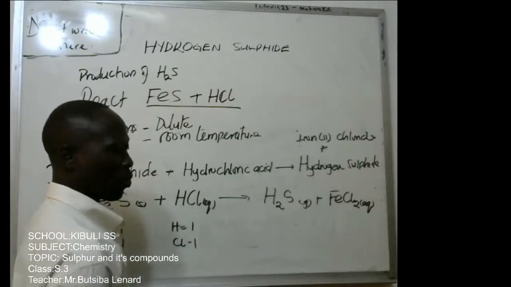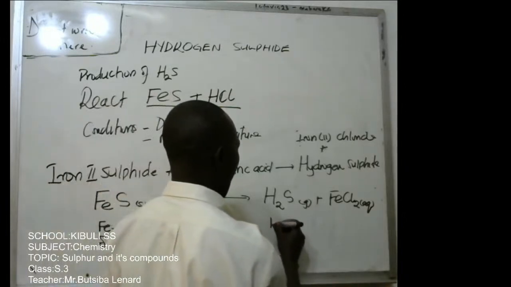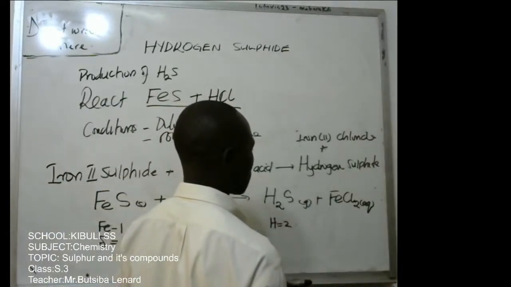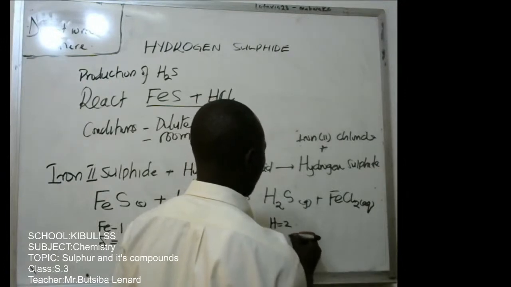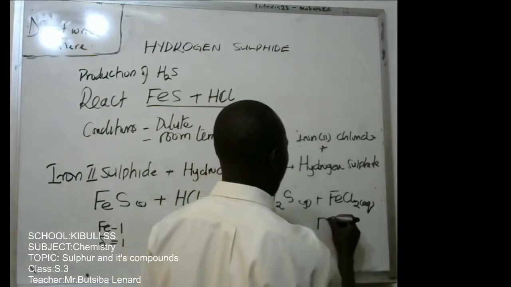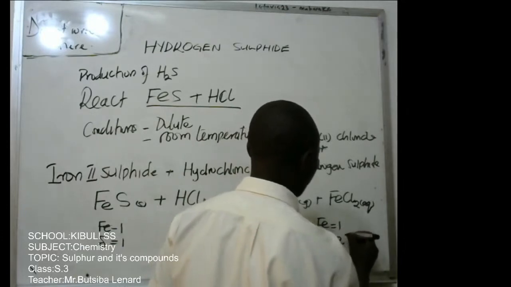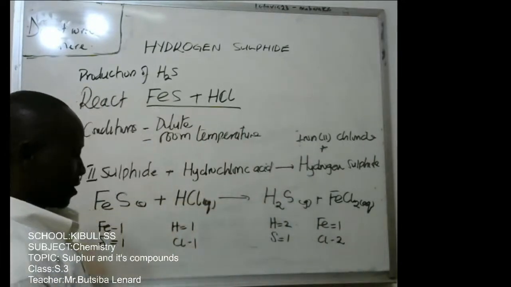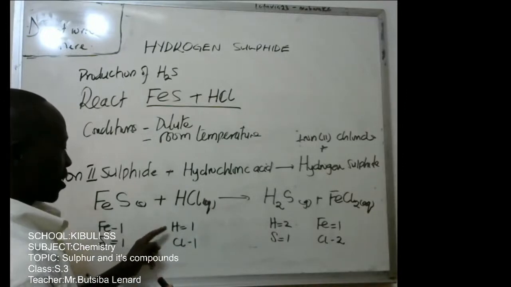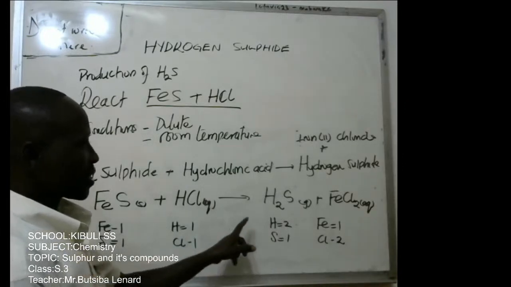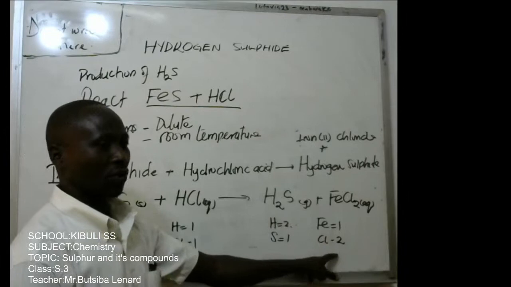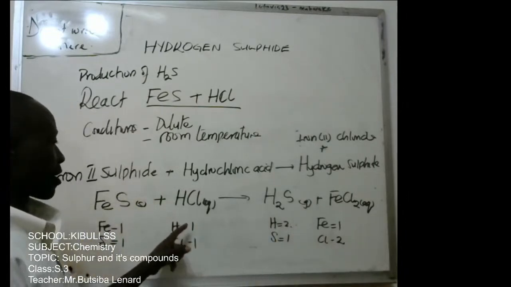Chlorine is only one. This way, hydrogens, you have seen are 2. Sulfur is 1. You have seen iron is 1. And chlorine are 2. So what is not balancing? It is hydrogen and chlorine. This side we have 2 hydrogens and 2 chlorines. This side we have 1 hydrogen and 1 chlorine.